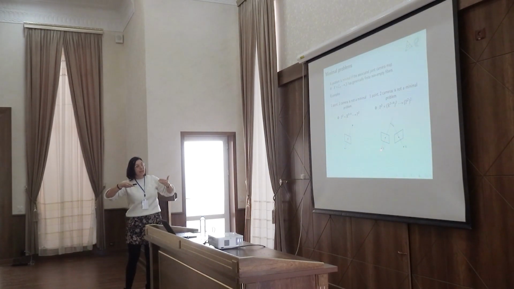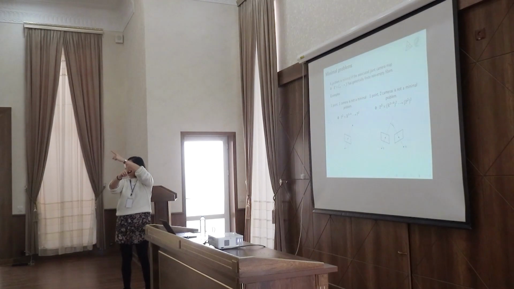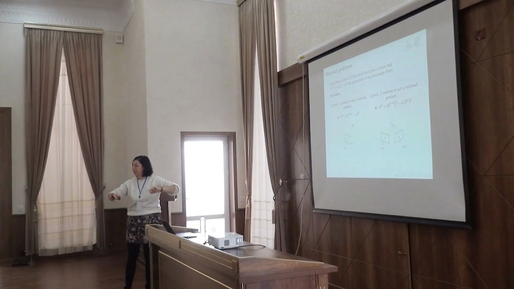That means that the pre-images of the 2 points, these 2 lines, have to intersect in free space, right? And sometimes this happens, but generically it doesn't, right? So in this case, the problem is not necessarily that the fibers are not finite, but it's just that they are generically empty, okay?